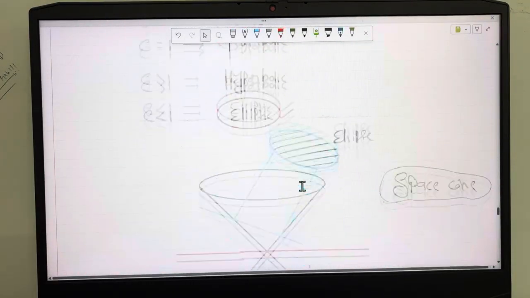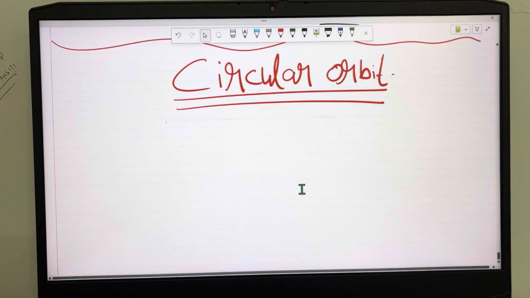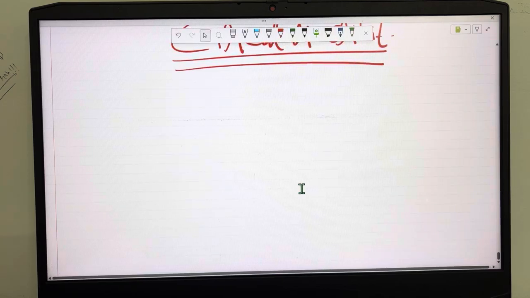But now whatever we are going to do is purely based on mathematics, and we have to derive some formulas and use them for solving the problems. So be patient and just stay with me.